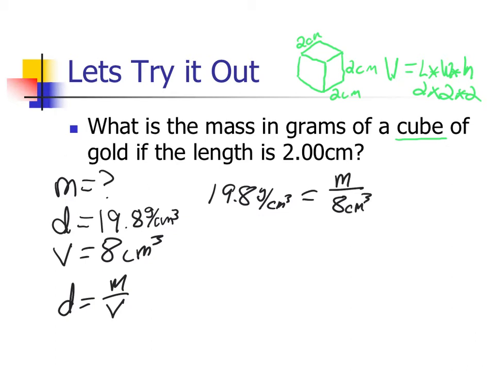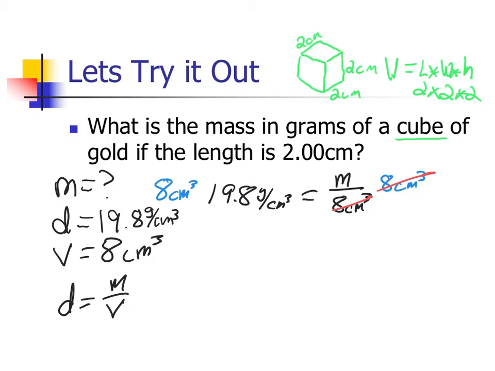Here, I just need to multiply both sides by 8 centimeters cubed, so that they either cancel out or ratio to 1. I'm just going to say cancel out because that's what I was taught. Yes, I understand the differences there.